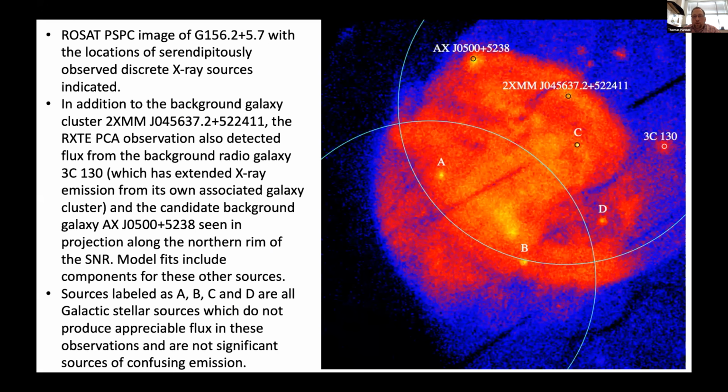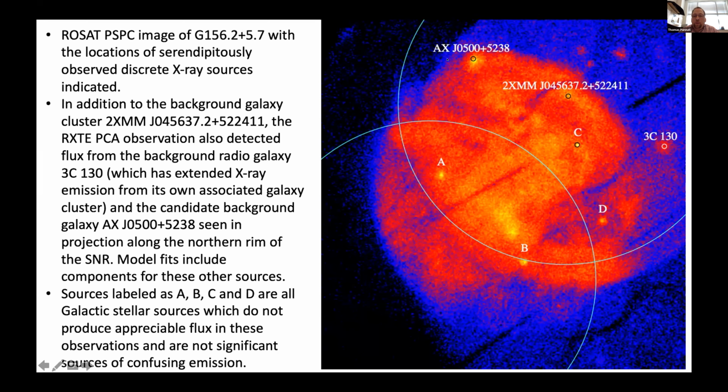This image here shows exactly the challenges we had. Again, with the ARC-CE PCA, the advantage would be giving us a greater energy coverage to harder X-ray energies, but the drawback, of course, would be that there'd be other sources detected. This is showing the location of that cluster, 2XMM over here, but you'd also have over here at the side a radio galaxy, 3C130, which has X-ray emission not only due to the galaxy itself, but also extended emission due to the X-ray cluster to which it belongs.